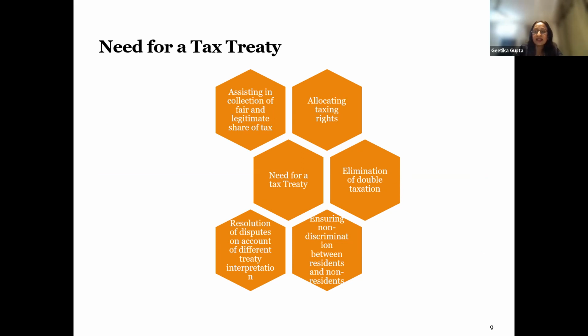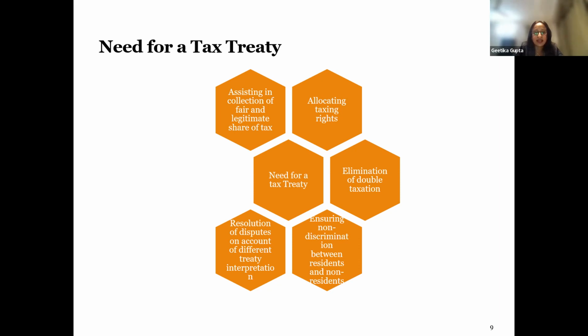Under the Income Tax Act, the income is classified under five heads: salary, house property, business income, capital gains, and other sources, for determining the income chargeable to tax in India. Similarly, under the DTA, the income is characterized under Articles 6 to 22 for the purpose of allocating the taxing rights between the country of source and the country of residence.